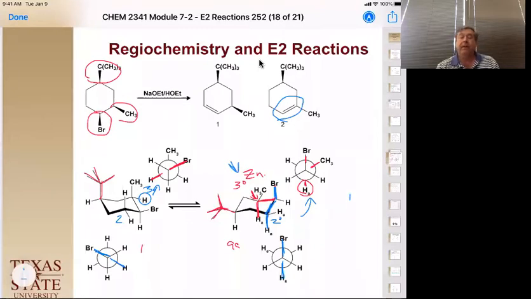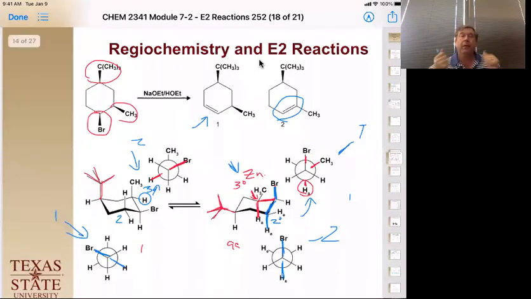Again, reaction in this state gives us the 1, reaction in this state gives us the 2, reaction in this state gives us the 1, and reaction in this state gives us the 2. So all 4 of them can react. So this probably reacts a lot faster than the other one because all 4 conformations give elimination products. Questions on that?